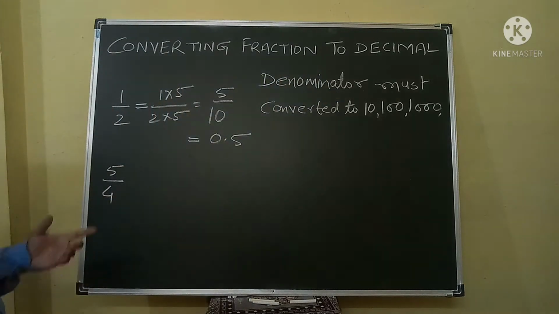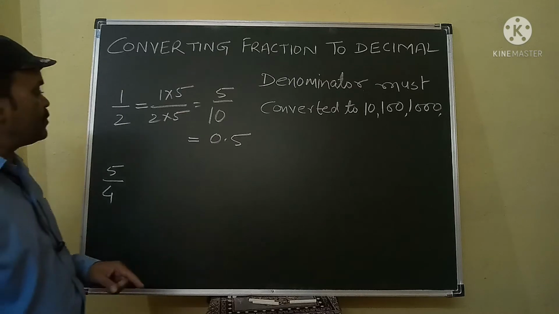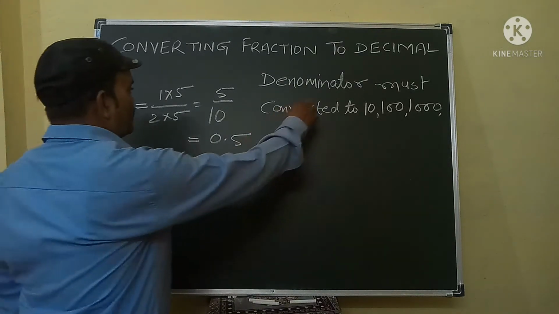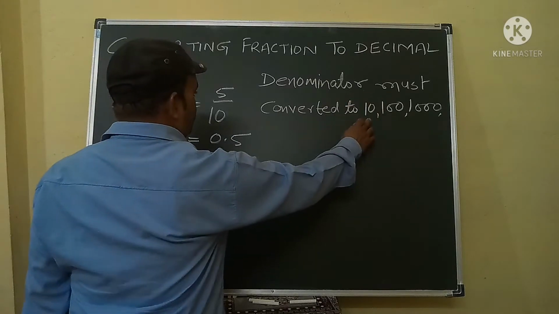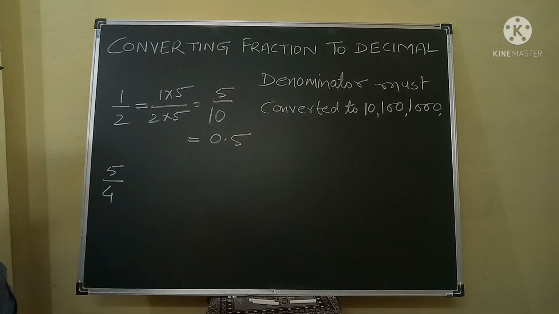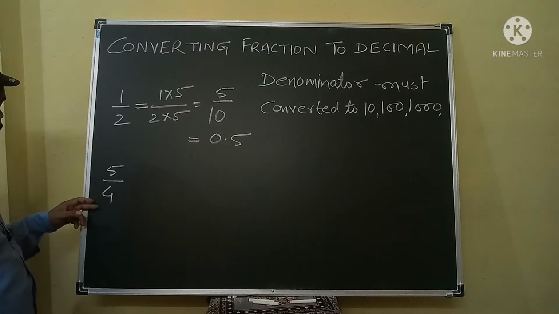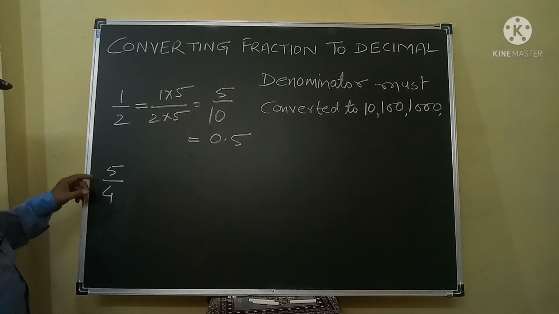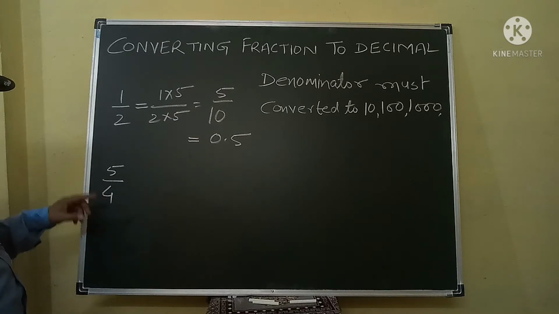Kindly keep in mind, in each and every question, the denominator must be converted to 10, 100, 1000 and so on. So in 5 upon 4, the denominator is 4.